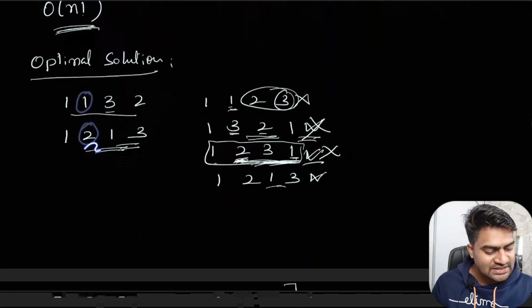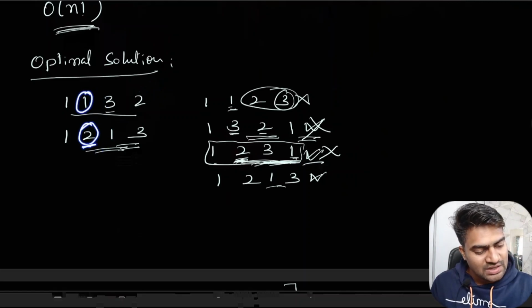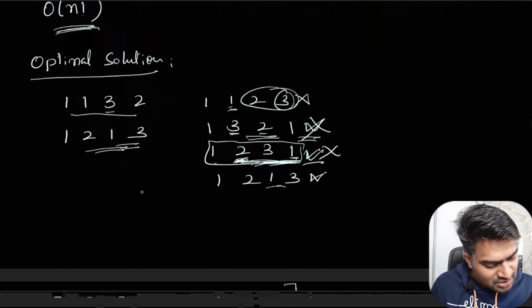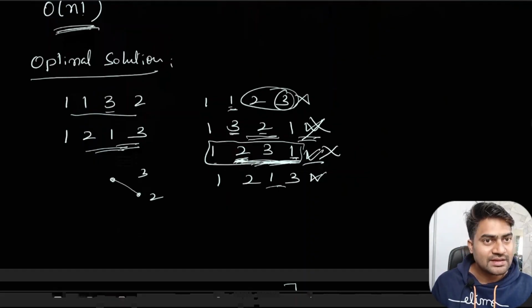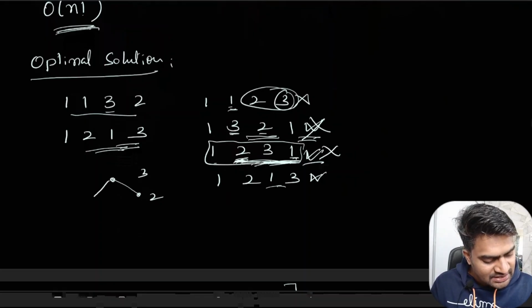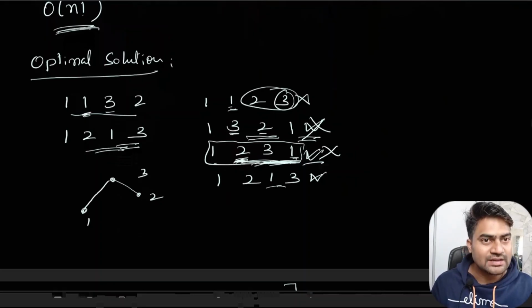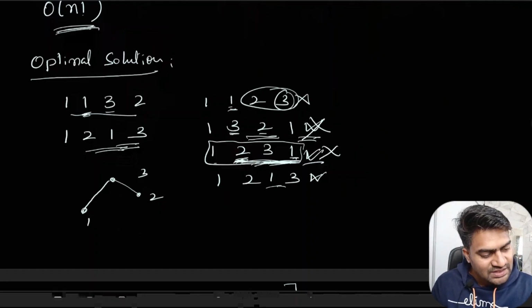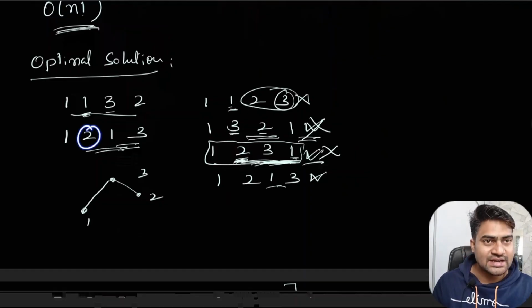If you see at this particular place, from here somewhere it was 2, then it went to 3, correct, right? Then suddenly there is a drop from 3 to 1. So we need this particular drop point. Why? Because that's where we replaced the value. We replaced 1 with 2.